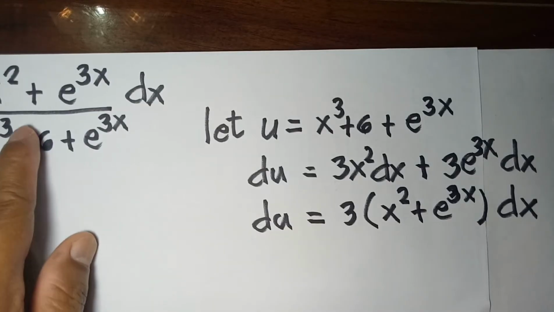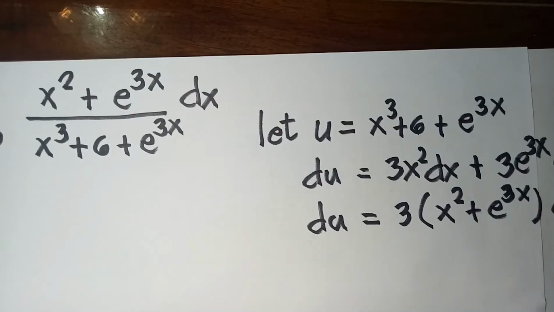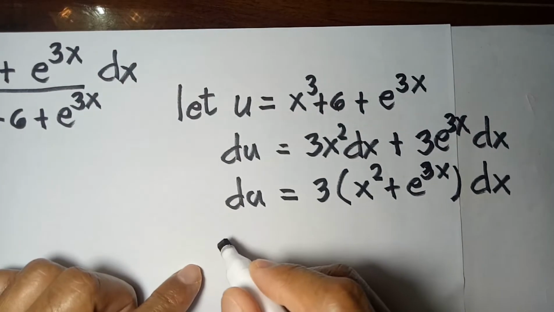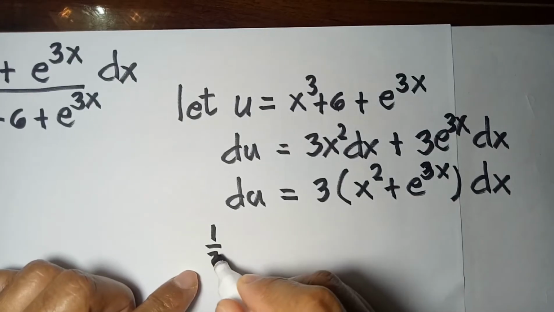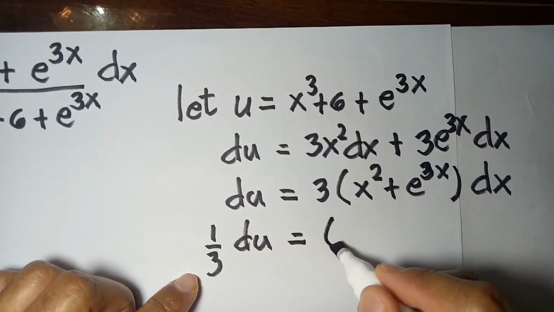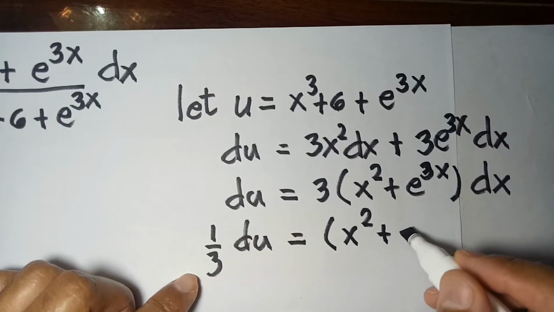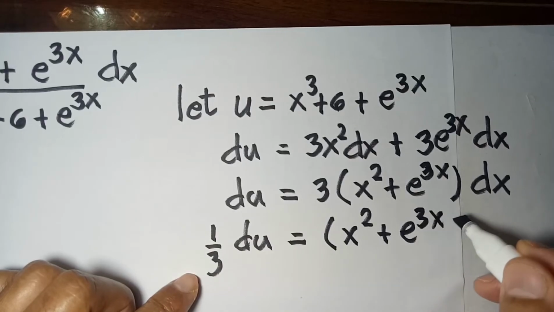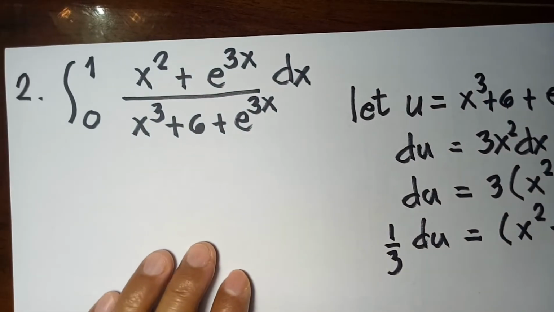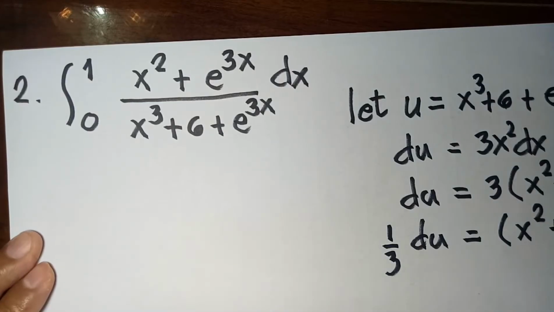And then let us solve now x squared plus e raised to 3x dx in terms of du. So multiply both sides by 1/3. So 1/3 du equals x squared plus e raised to 3x times dx.